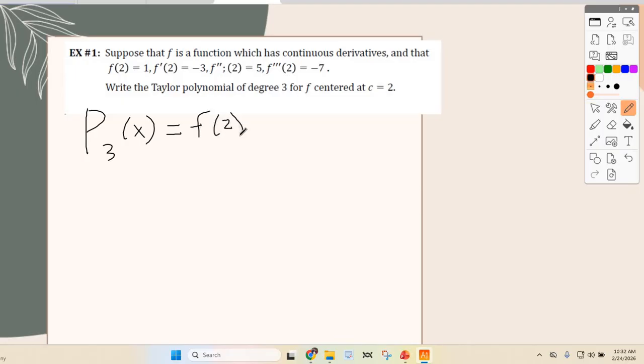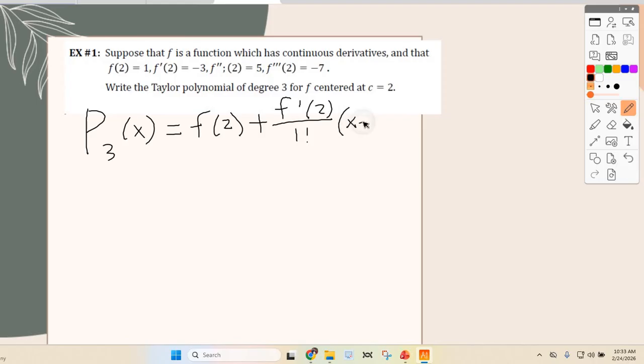So I'm going to have f of 2, then plus f prime of 2 divided by, it is a factorial, but this is my first, so it's technically 1 factorial. This is why we're practicing the formula. Then times what?